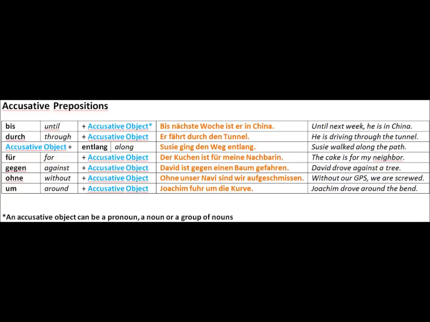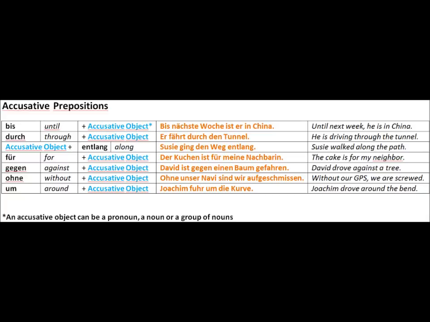Der Kuchen ist für meine Nachbarin. The cake is for my neighbor. David ist gegen einen Baum gefahren. David drove against a tree. Ohne unser Navi sind wir aufgeschmissen. Without our GPS, we're screwed. Joachim fuhr die Kurve. Joachim drove around the bend.